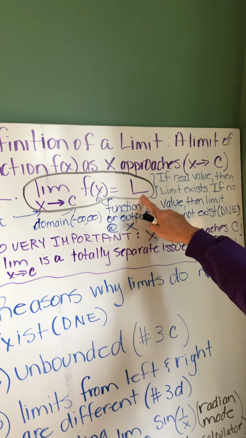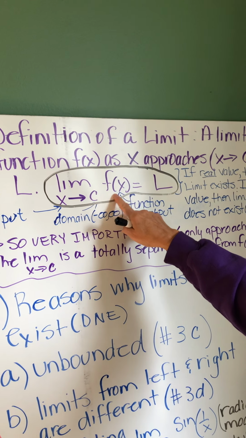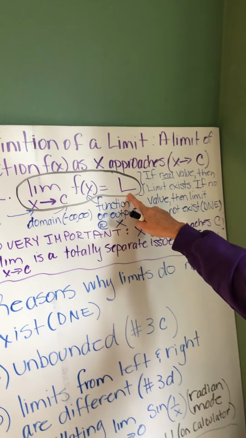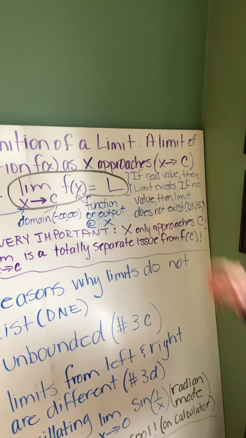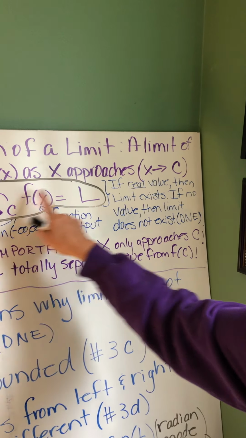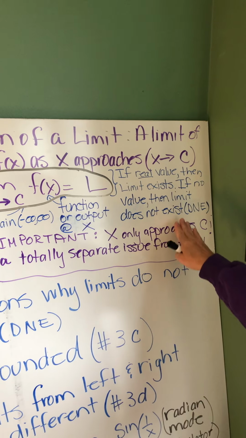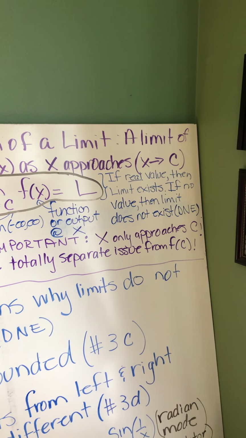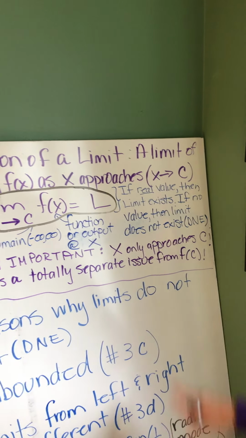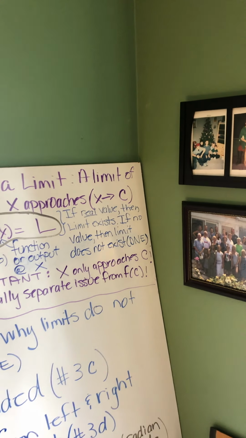So, if as x approaches a value, your function also approaches a real value, we say the limit exists. If there is no value, if there is no limit as x approaches a value, then we say the limit does not exist. And we use DNE, does not exist, to say that.